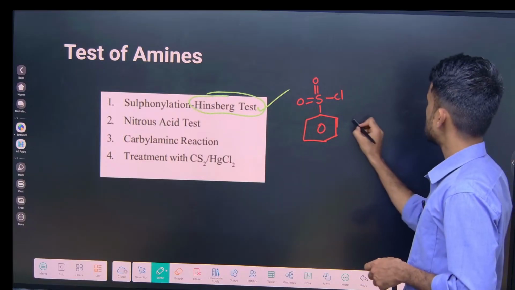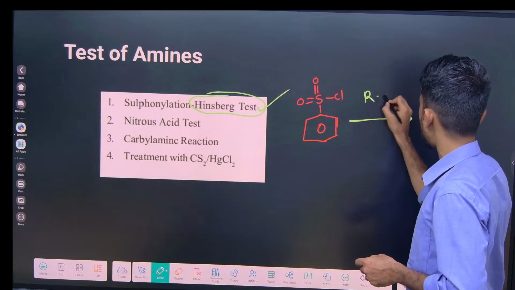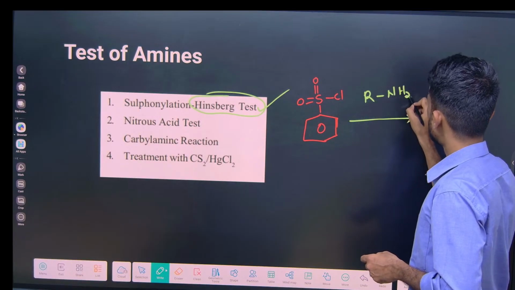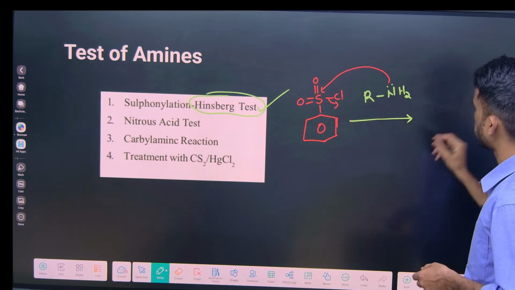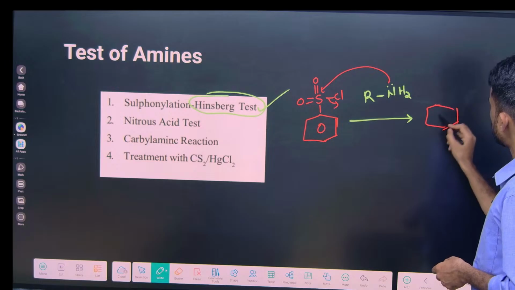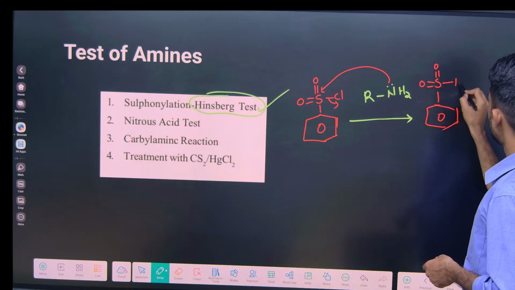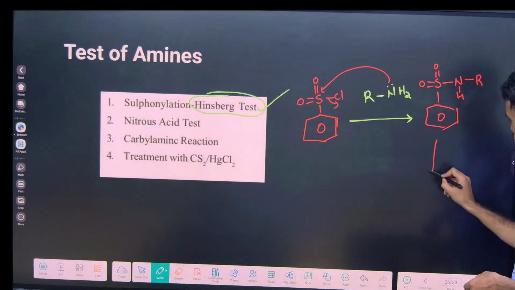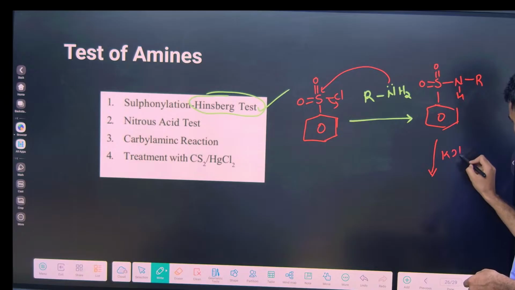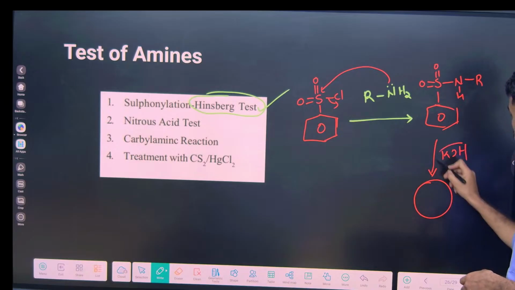So this benzene sulfonyl chloride, upon treating with primary amines like RNH2, we are going to get a substitution reaction here in the place of chlorine, and that gives you NHR. Now this compound, upon adding KOH, will dissolve in the KOH alkali medium.